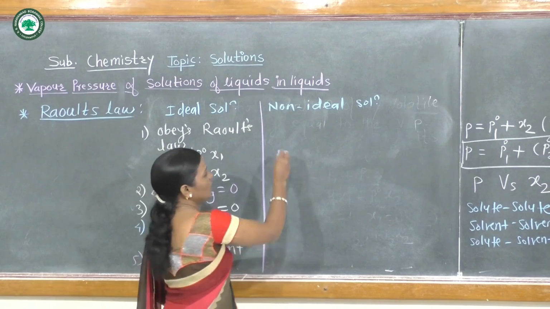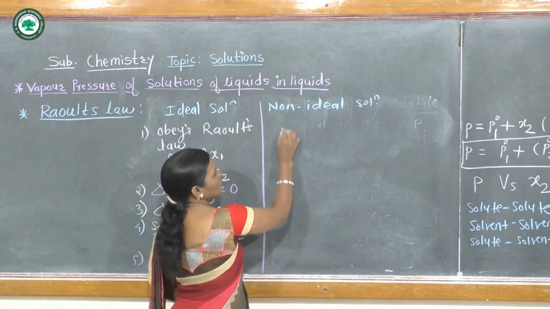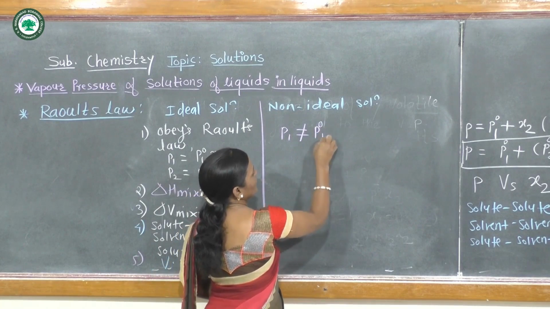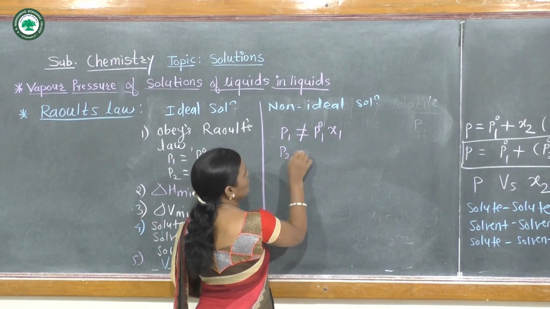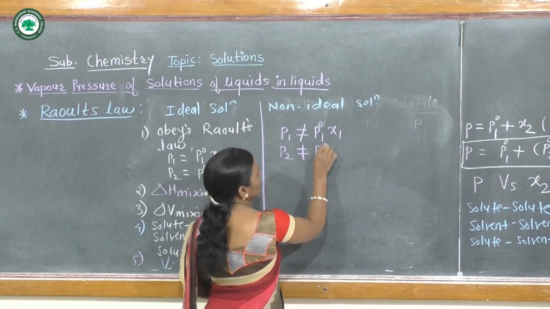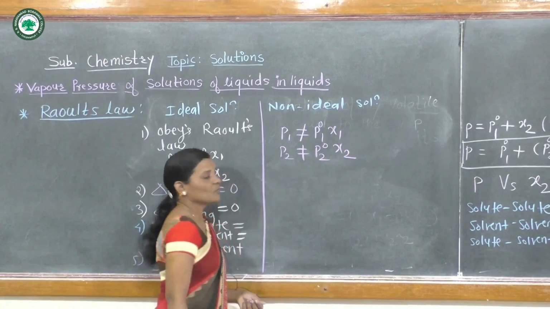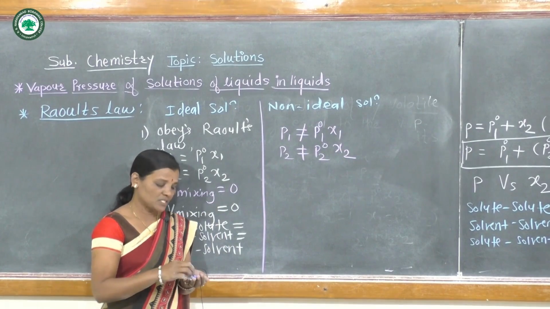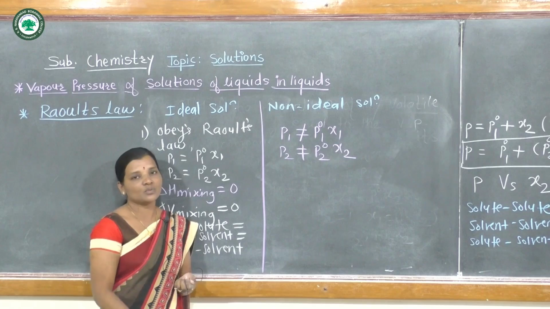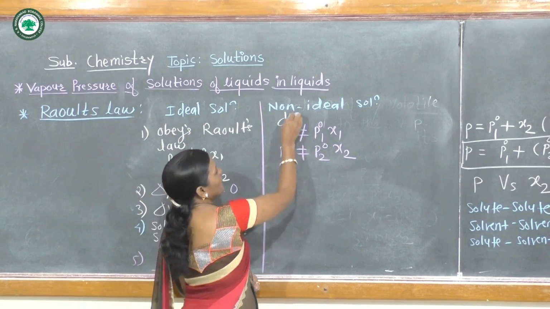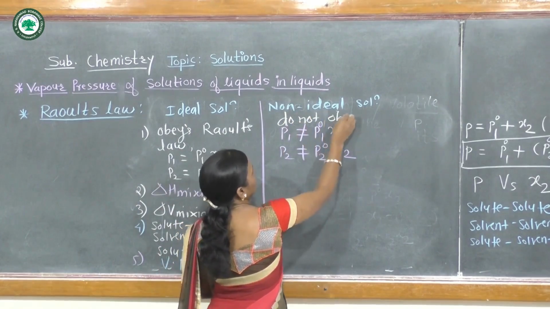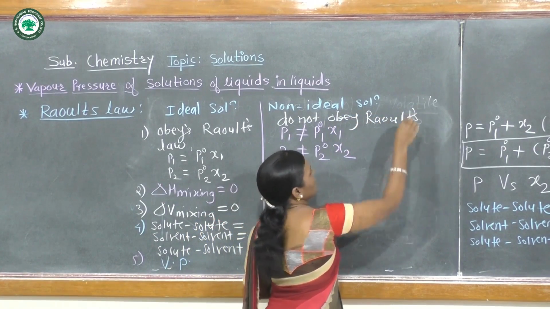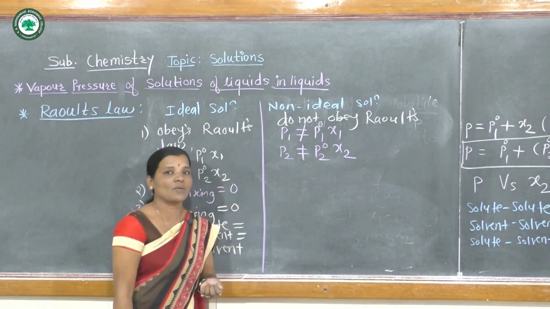For non-ideal solutions we have P1 not equal to P01 into X1, and P2 not equal to P02 into X2 for both the volatile components in the solution. That means non-ideal solutions do not obey Raoult's law.